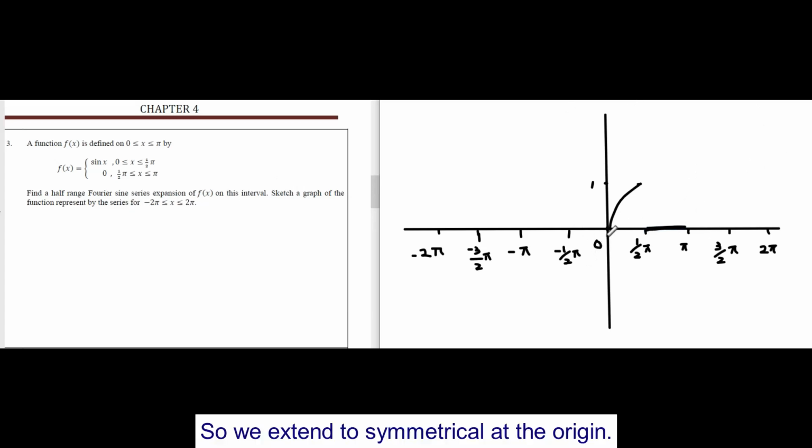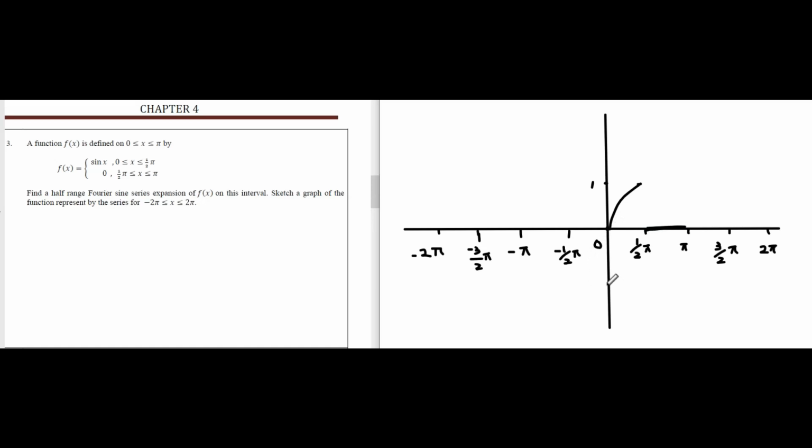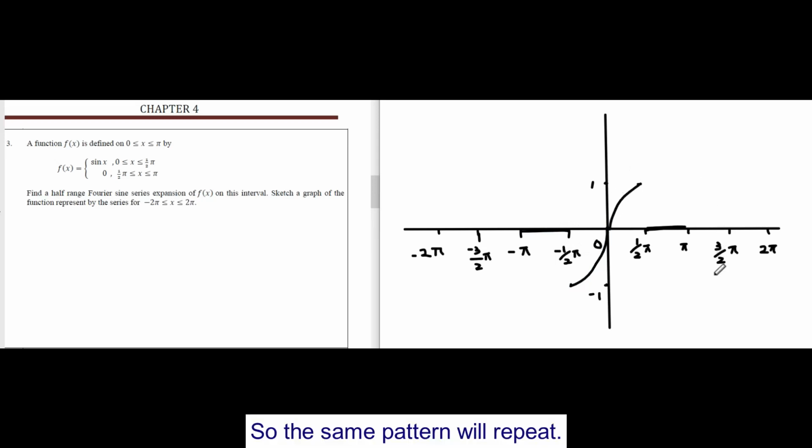So we extend it symmetrical at the origin. So the same pattern will repeat.